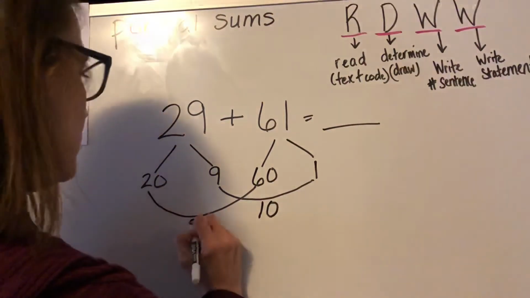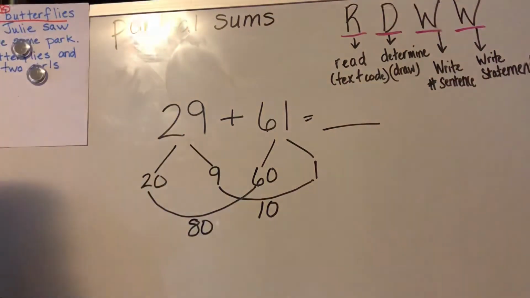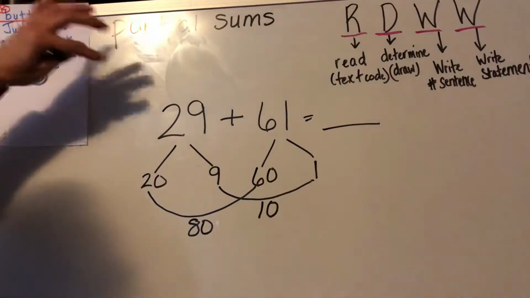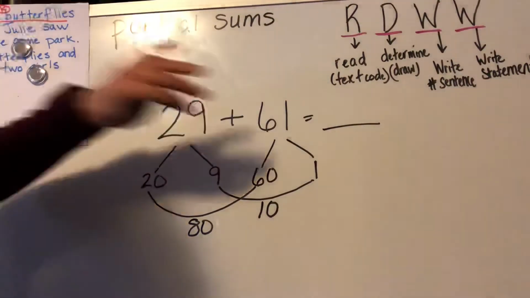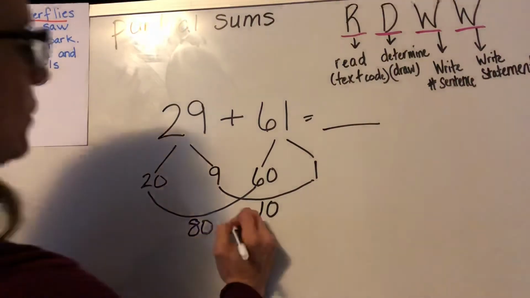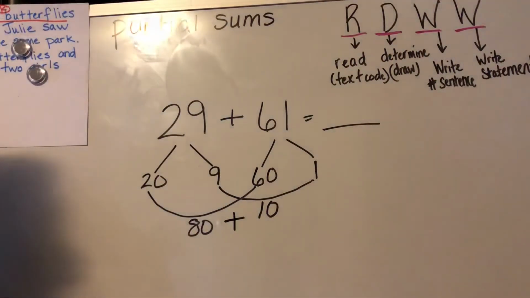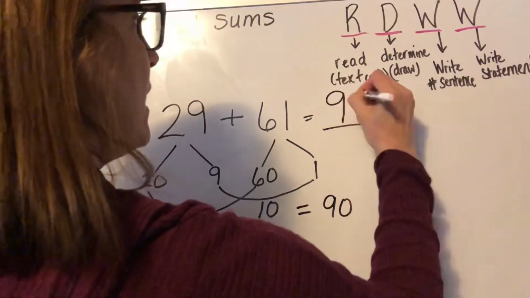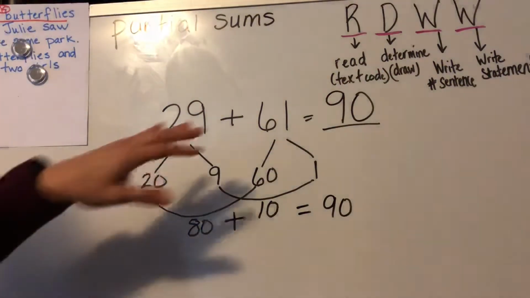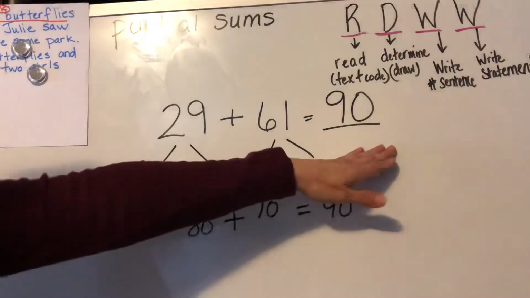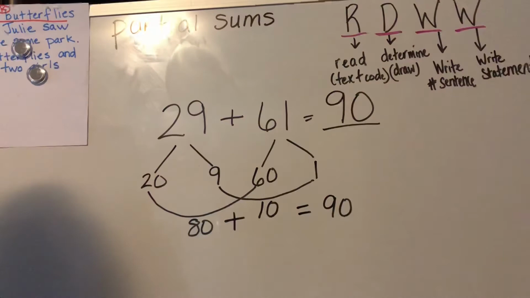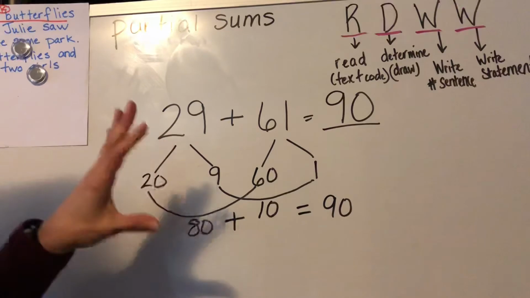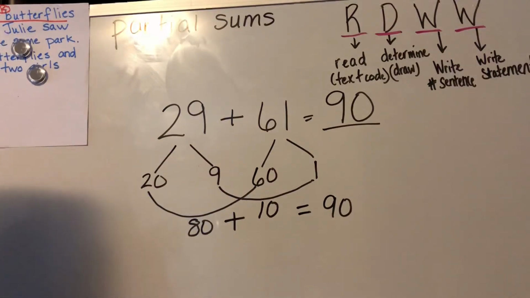Now that I've put both of my 10s together and both of my 1s together, I'm going to put them both together. 80 plus 10 equals 90. This problem is solved with a total of 90 ants and butterflies together. And that is how I solve it using partial sums.